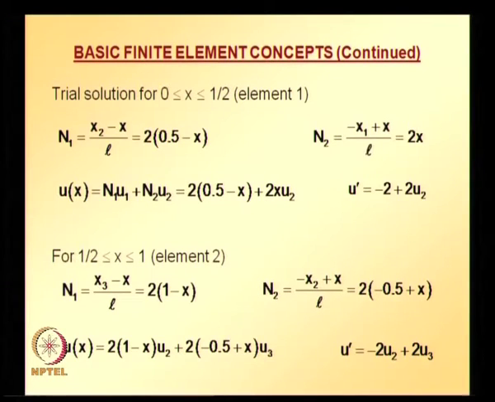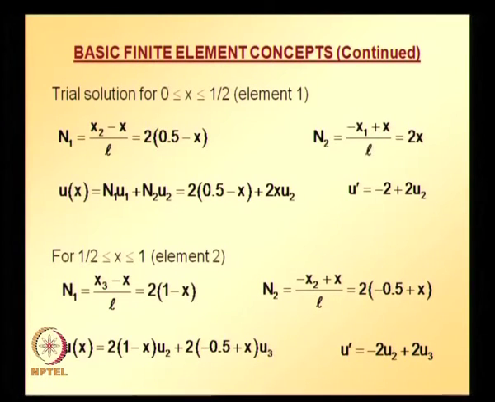So, the trial solution turns out to be u equal to 2 times (1 minus x) u2 plus 2 times (minus 0.5 plus x) u3, and the derivative of it is minus 2 u2 plus 2 u3.